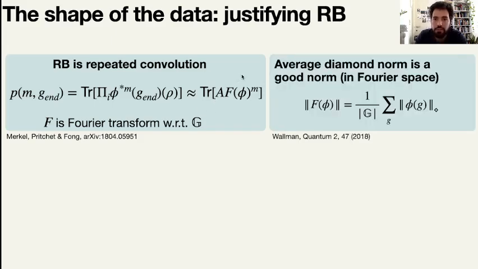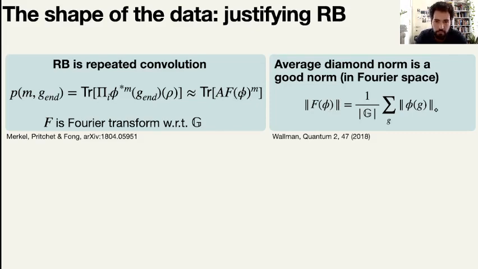And then the second major ingredient is due to Jill Wellman, who implicitly realized, when he proved a rigorous version of what we're saying for just the Clifford group, that a good norm on this Fourier space is this average over the diamond norm. And that this behaves really as a nice submultiplicative matrix norm on this space of Fourier operators that are dependent on phi.